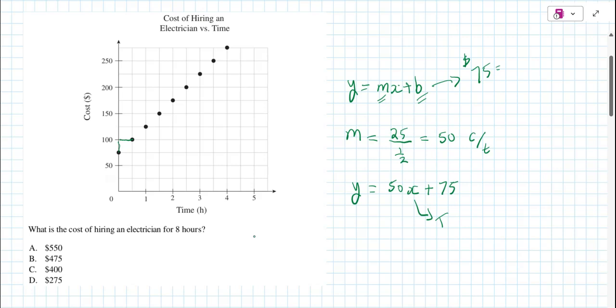Then you plug it in, y equals 50 times 8, that's 400, plus 75, that's 475 in total, which is the answer for this question. Answer is B. All right, fantastic.